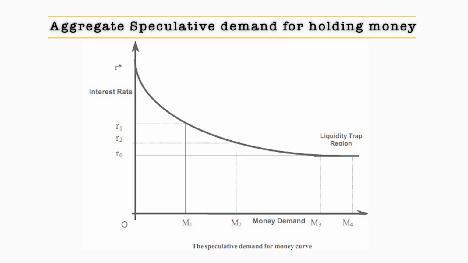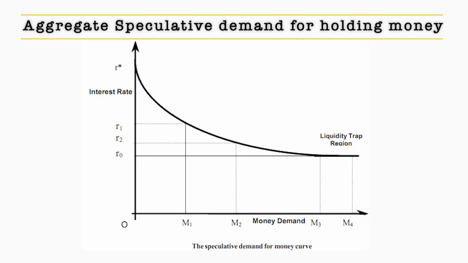In this diagram you can see a curve, and we can also see the interest rate on the vertical axis and the speculative demand for money on the horizontal axis. We see that at very extreme interest rates, that is, a very high interest rate or a very low interest rate, there will be general consensus amongst the investors about their future course of action. If I take the very high interest rate, as you can see in the figure, it is RH.